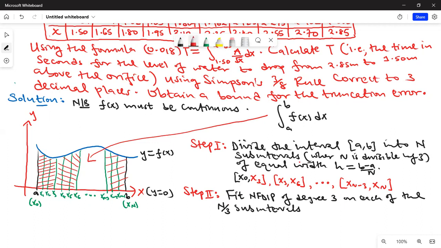Each of the n over 3 subintervals in general is given by xi to xi plus 3. And in this case, i ranges from 0, 3, 6, etc. So you can write for i equal to 0, 3, 6, 9, all the way up to n minus 3.